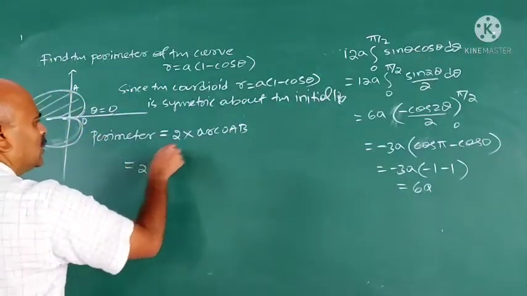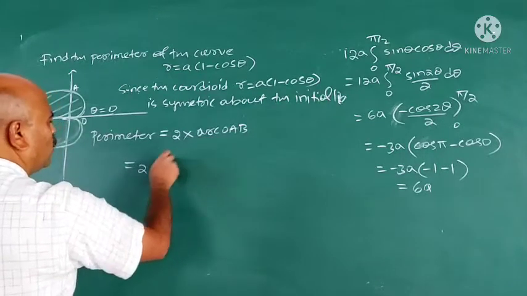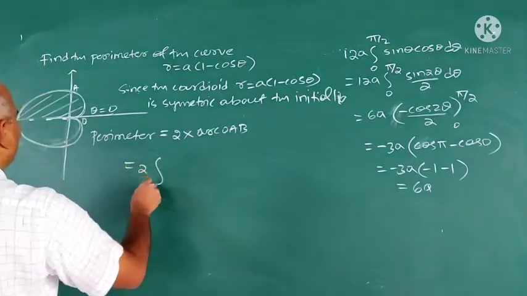Now for this arc OAB, what are the values of θ?